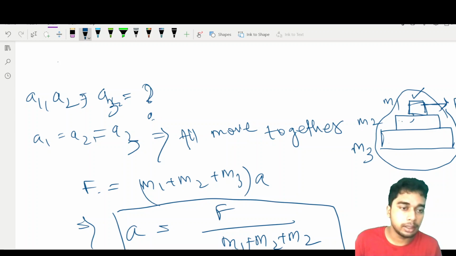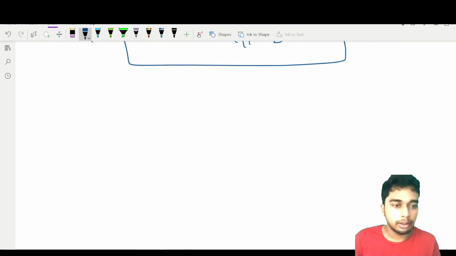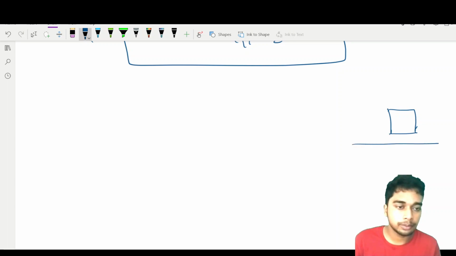For example, if I am considering the frictional coefficient as mu1 here and this as mu2. If I draw this clearly, there is another block.